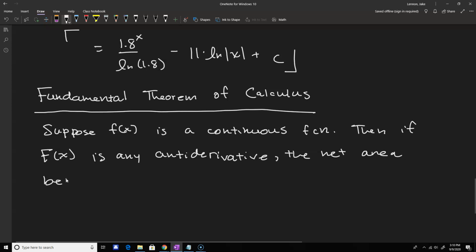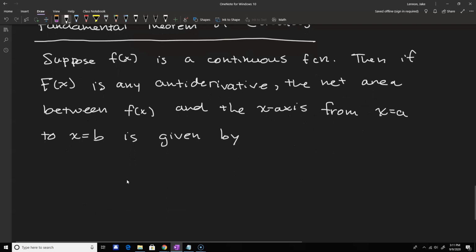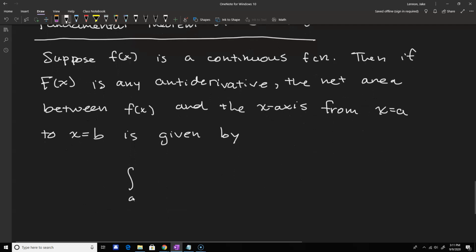between f of x and the x-axis from x equals a to x equals b, so on some interval, is given by, so it's going to use the same integral notation, but we're going to have limits on it now, so that same antiderivative symbol, but now the limit a below and b above of f of x dx.